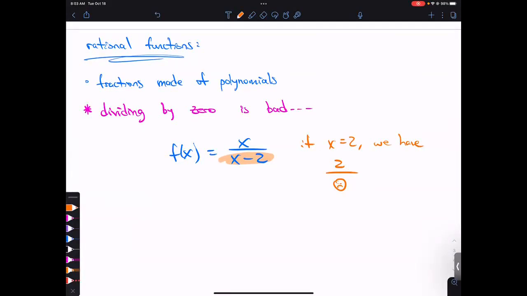So because of that, things happen there. In particular, x equals 2 cannot be in the domain of that function because there's no way to evaluate the function there. It gives you an undefined operation.